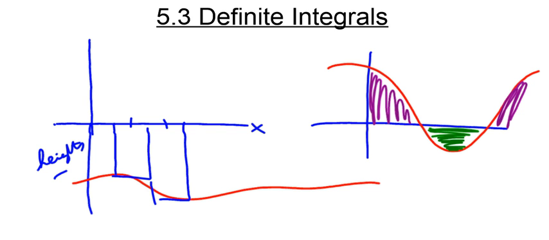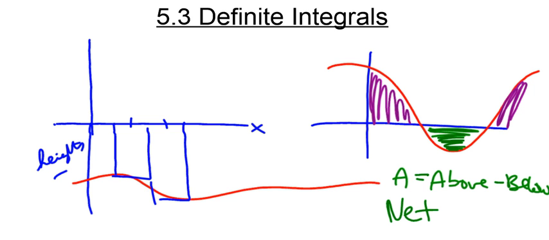I'm still always finding area between the x-axis and the function, whether the function is above or below the x-axis. So I'm going to have to subtract the area above minus below. This is what we call net area, the total net area.